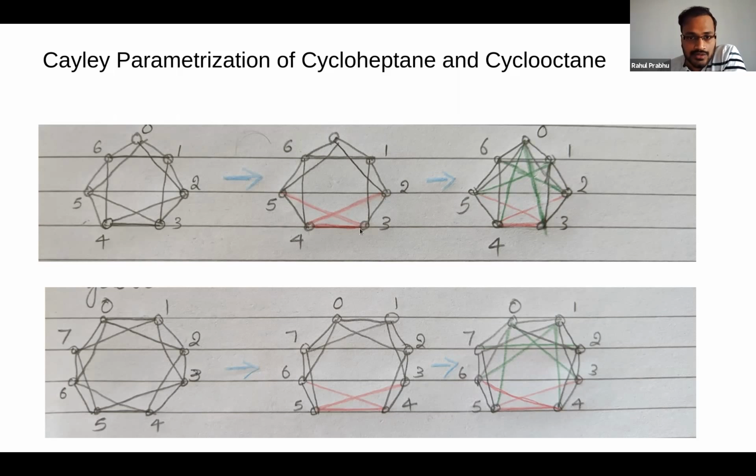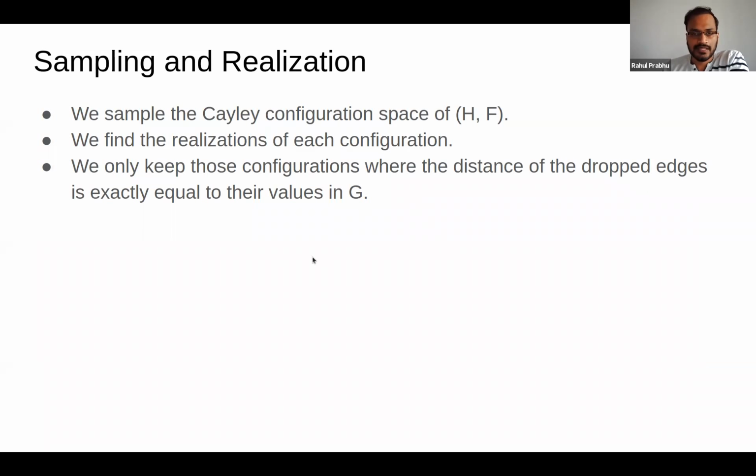As soon as I drop these 3 edges, it becomes a partial 3-tree, and because it's a partial 3-tree, it admits convex Cayley configuration spaces. All I have to do is add non-edges that complete this to a 3-tree, and if I parameterize the configuration space on these non-edges, I'll get a convex space.